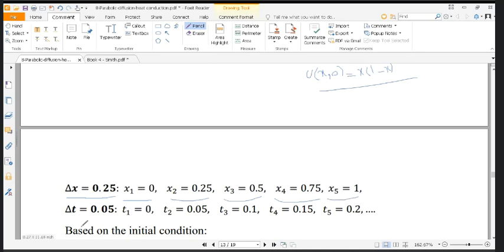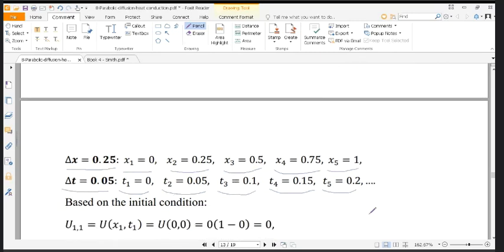The problem says delta t equals 0.05. Then the start point for t, t1, is 0, t2 is 0.05, t3 is 0.1, t4 is 0.15, and t5 is 0.2, and this construction of t j should be continued.